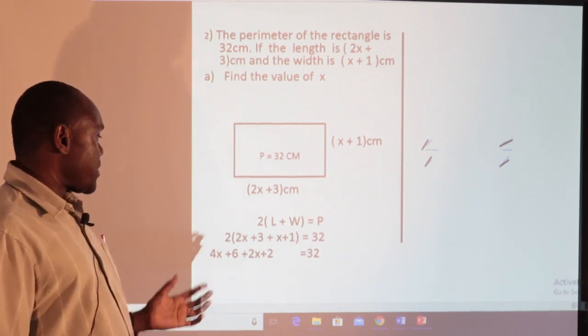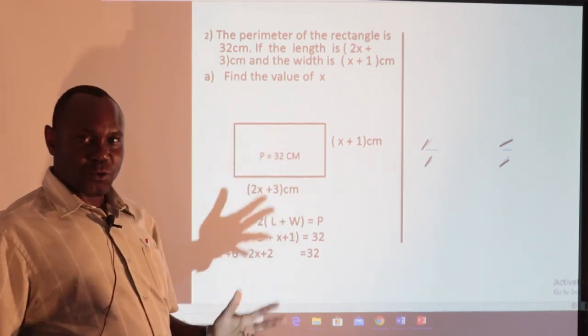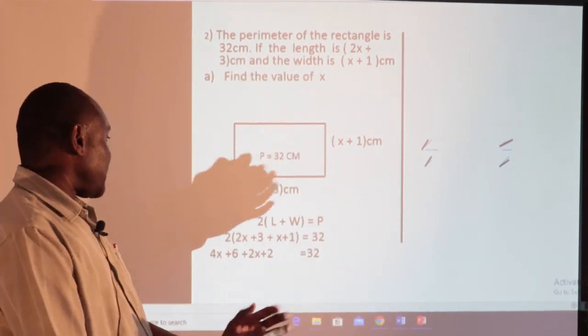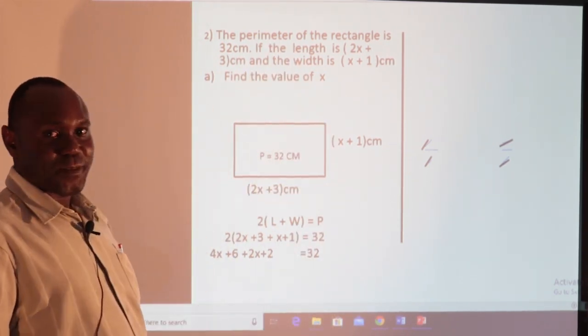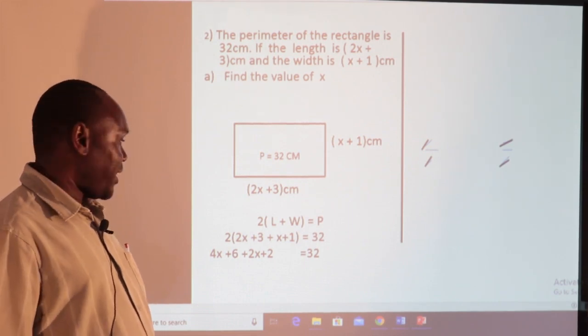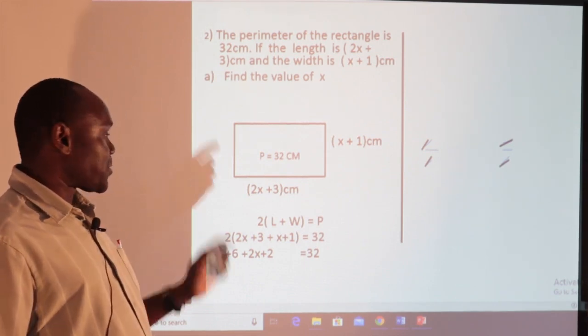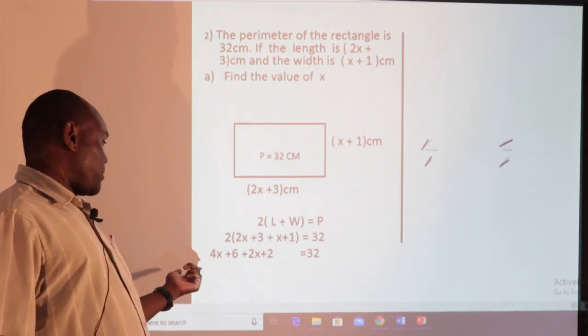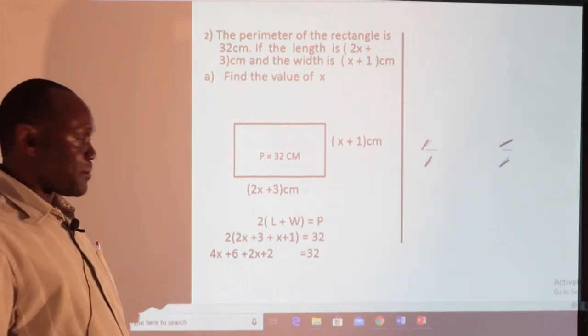Some candidates will say, no, sir, what about if I collect like terms first inside the brackets? Then you say 2x plus x, you will get 3x, and 3 plus 1, you will get 4. And it will be shown in the next step.